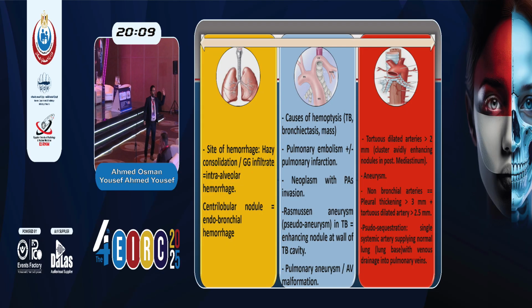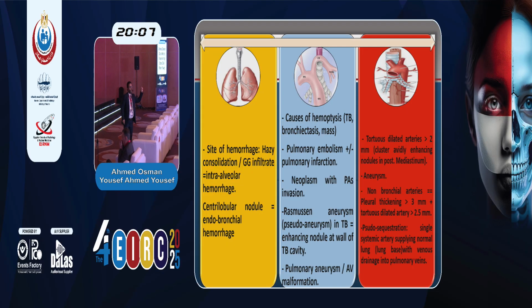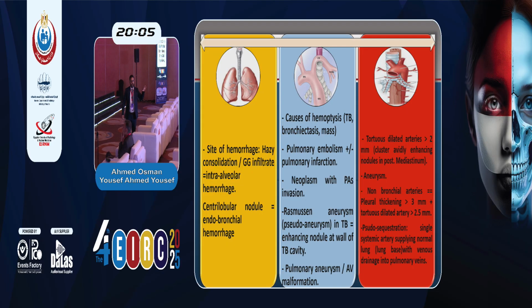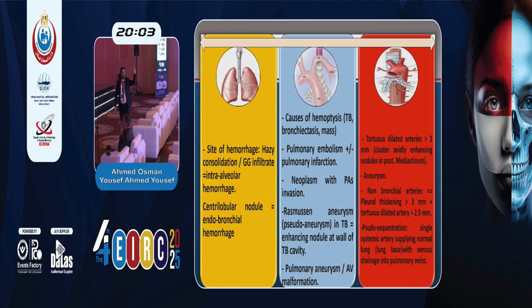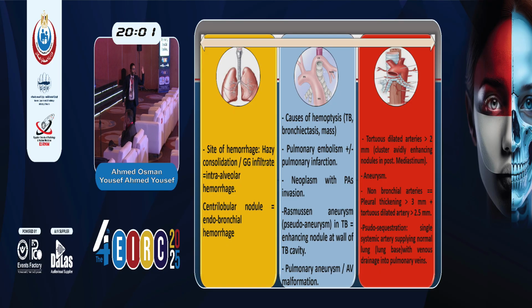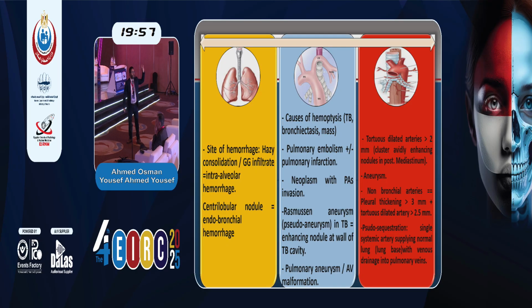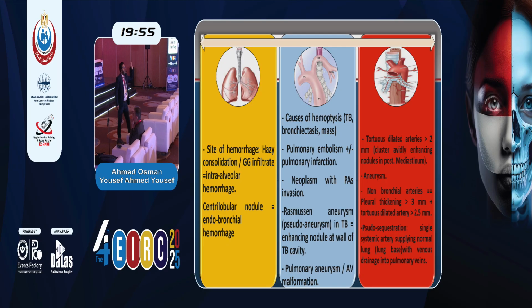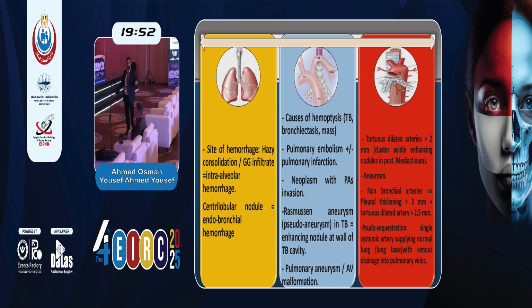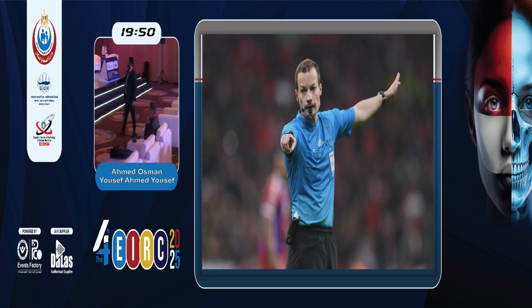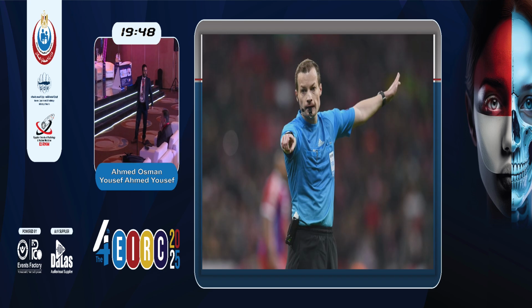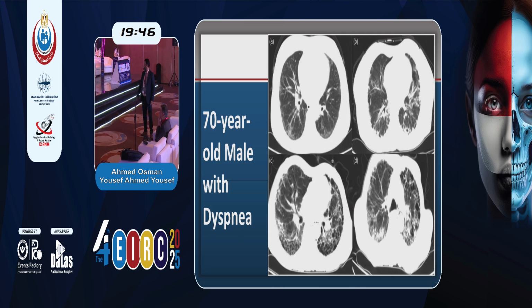So we must unify the protocol for the case of hemoptysis, as we said: non-contrast, pulmonary angio, and what's called bronchial angio or aortography to detect the site of hemorrhage, the cause of the hemoptysis, and to detect what's called bronchial collaterals if he's going to interventional occlusion.